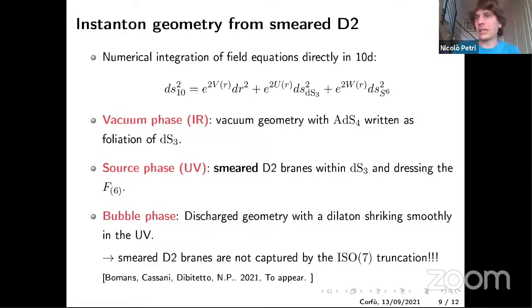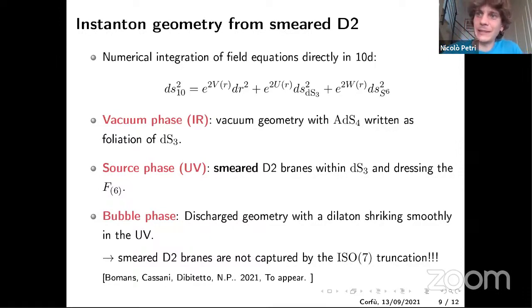So what we saw in the UV is that our geometry, characterized by de Sitter slicing, reproduces a D2 geometry. And of course, I'm talking about instantonic D2s, D2s that fill the de Sitter geometry in here. The crucial property of these D2 branes is that they are not completely localized within this 10-dimensional background.